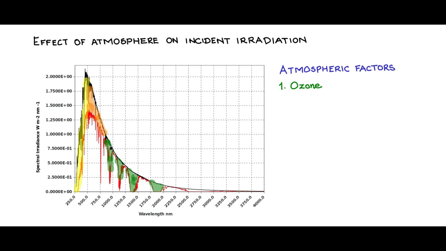So you see that a major portion of the infrared portion of the spectral irradiance gets filtered out due to the presence of water vapor. Of course, it is not only here that water vapor acts as an absorber, but even in these regions, water vapor is also one of the factors bringing about absorption and attenuation of the spectral irradiance components.